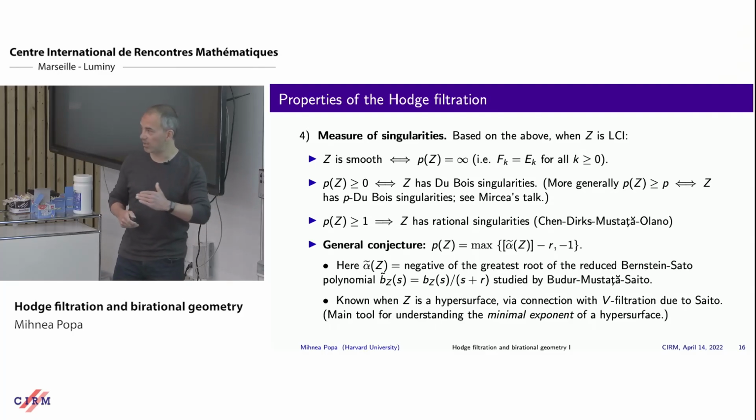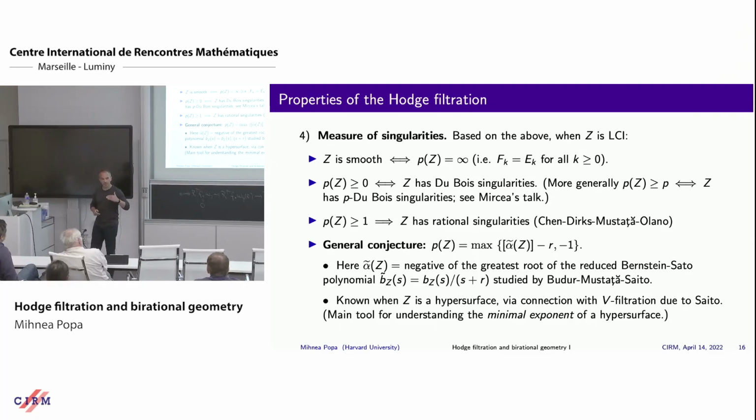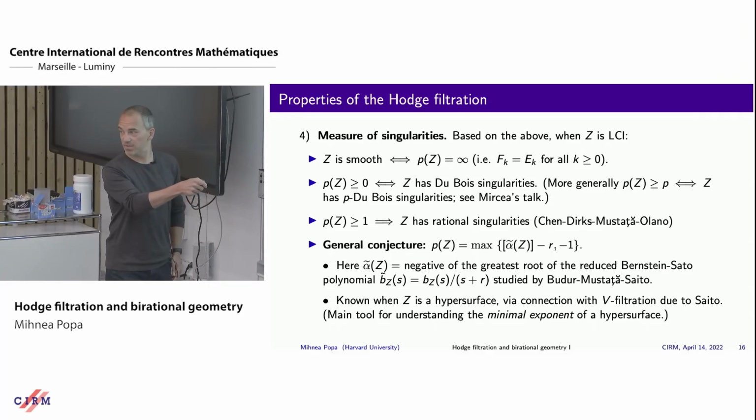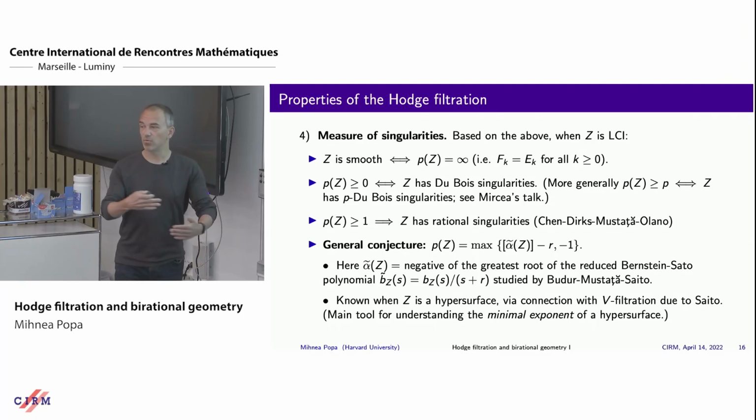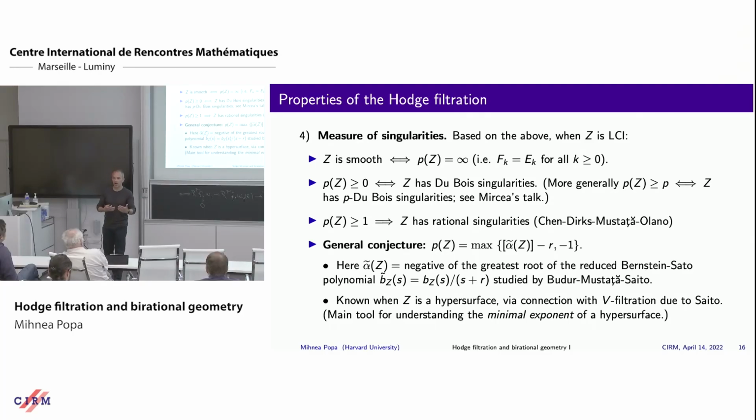Namely, he related Hodge ideals to the V-filtration along that hypersurface, and that enabled him, in particular, to prove this statement for hypersurfaces. And kind of going backwards, now we use the theory of Hodge ideals because it's more geometric to gain an understanding of the minimal exponent of a hypersurface, an understanding of this root of the Bernstein-Sato polynomial, how it behaves in families with respect to restriction, and so on and so forth.